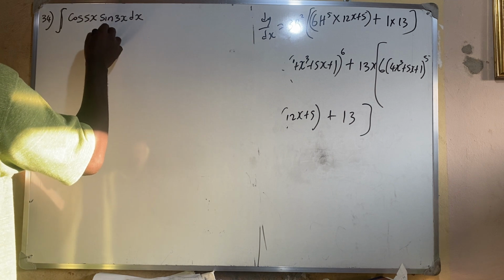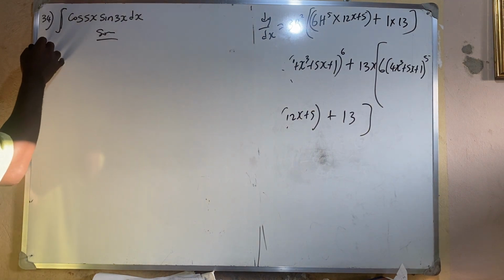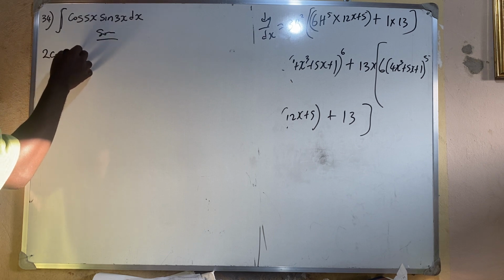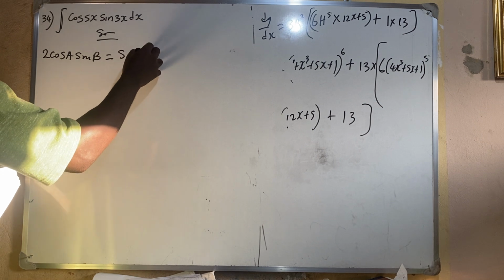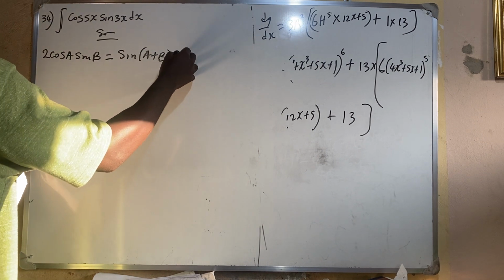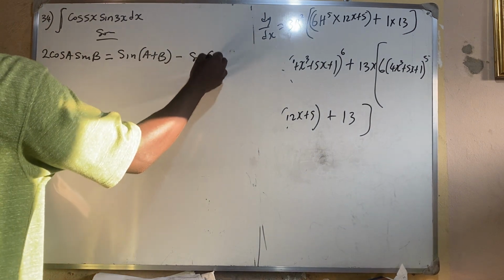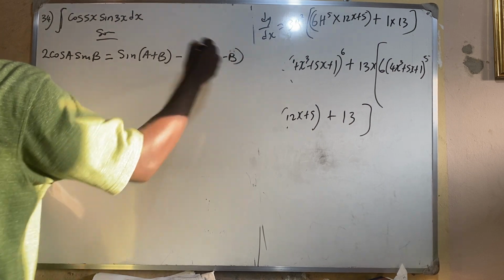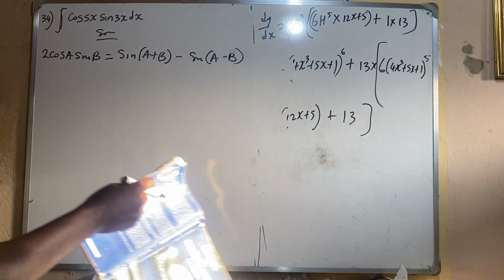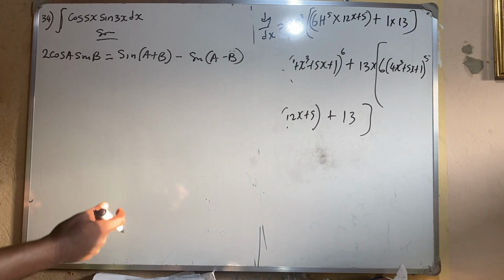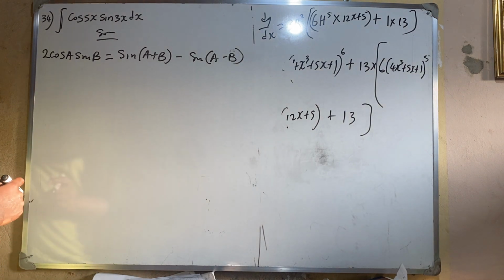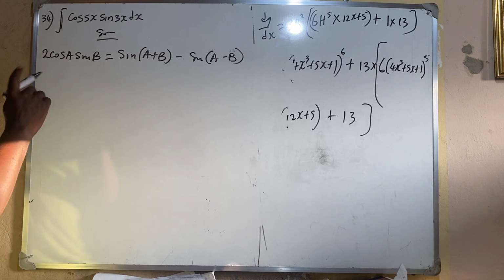So I'm going to have a solution. We have that 2 cos a sin b is equal to sin a plus b minus sin a minus b. If we now put integration, I think I didn't get that equation right.